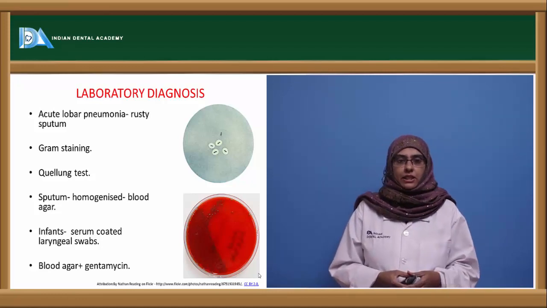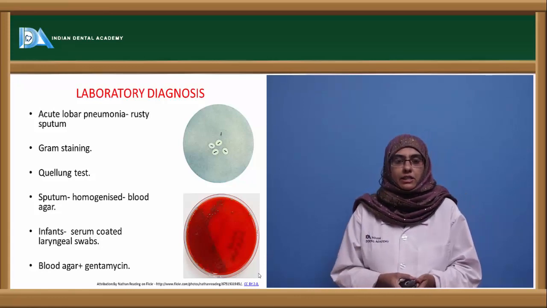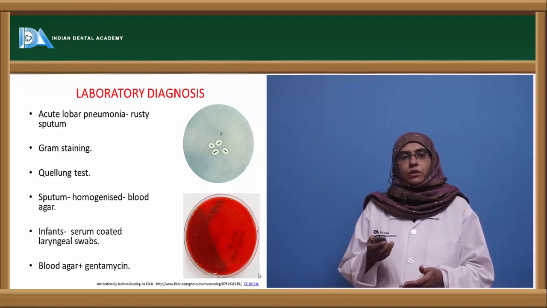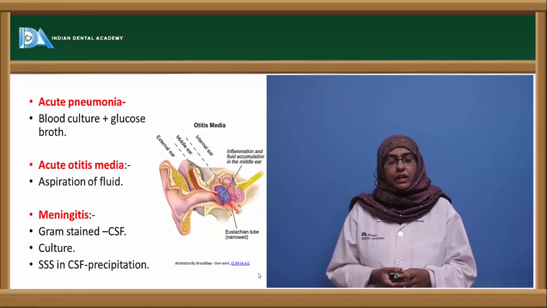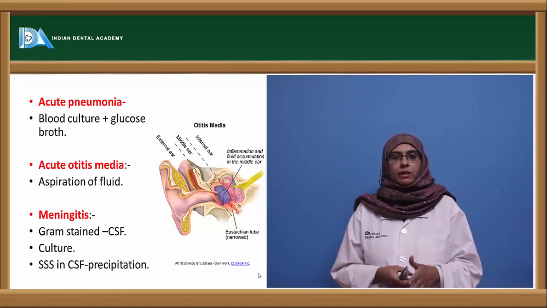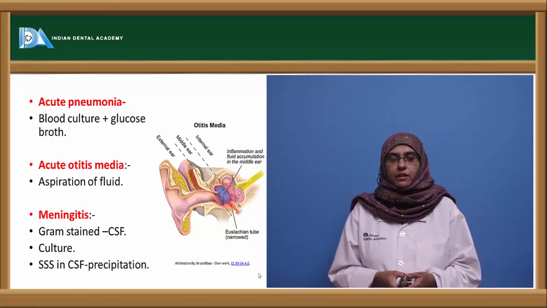Now in the respiratory secretions, inoculate the respiratory secretion onto the blood agar containing gentamicin, which is made in a proportion of 5 microgram per ml. Now, in the acute pneumonia, the organism has to be inoculated onto the blood agar along with the glucose broth, incubated for the growth of the organism.